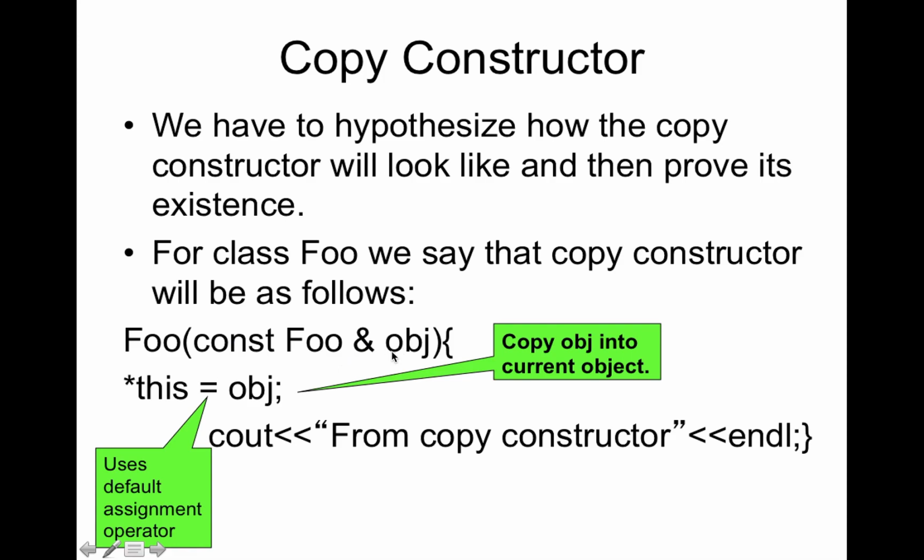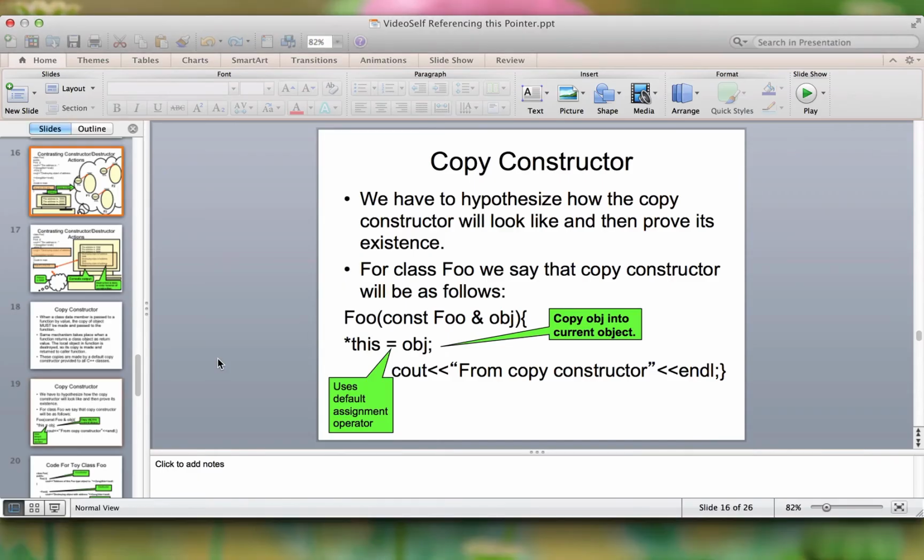To copy the object passed, it'll just do that: dereference of this is equal to obj. So basically it's saying that whatever is in this object, copy into the current object. And then we have this output statement. This is a default assignment operator that's also available to all the C++ classes. And I'm going to show this to you in Xcode.